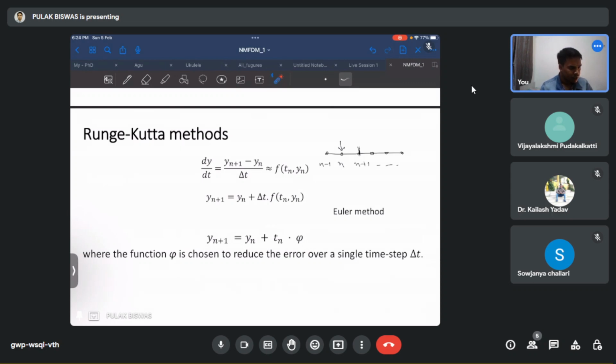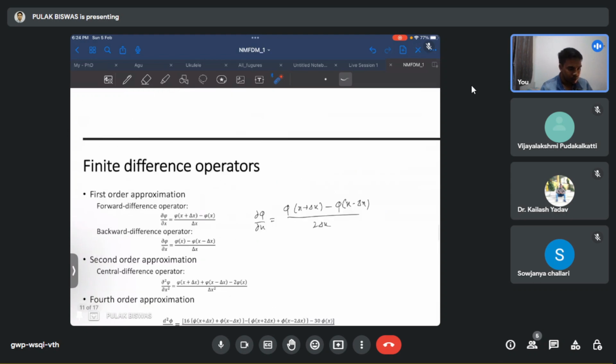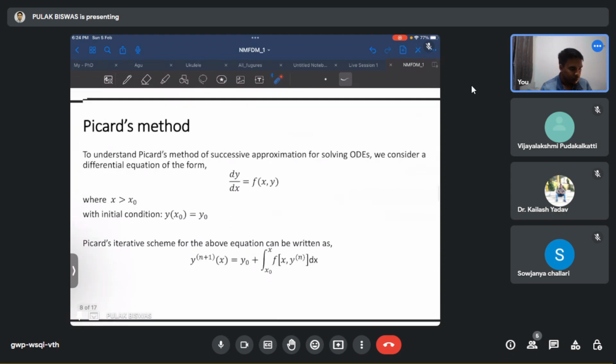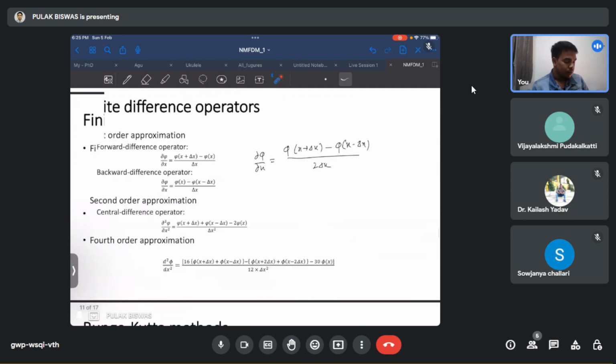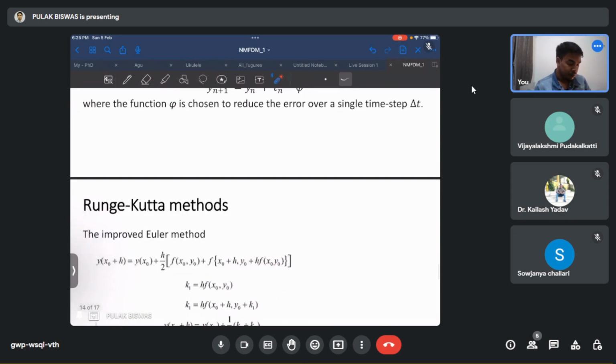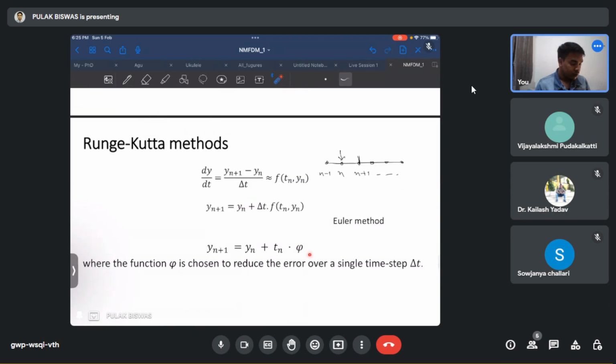Like you have seen for Fickert's method, if I go back here, you can see that instead of this function we are using some modified value of y within the function. In a similar way, if we use generalized value functions, then we can reduce the error. And this generalized scheme is called the Runge-Kutta scheme.